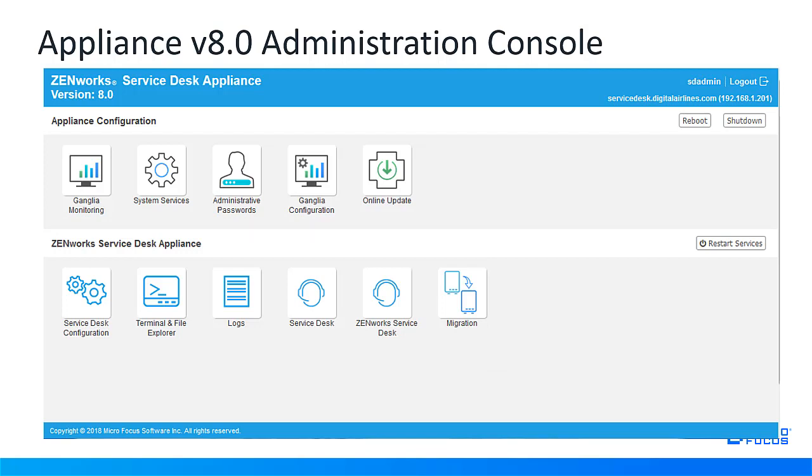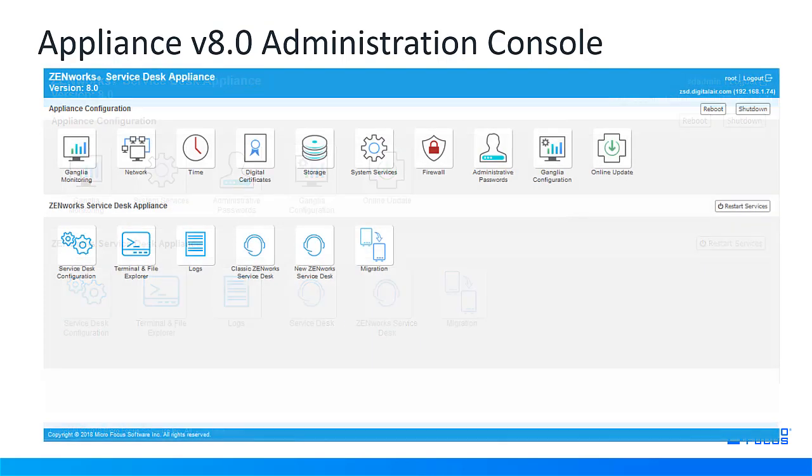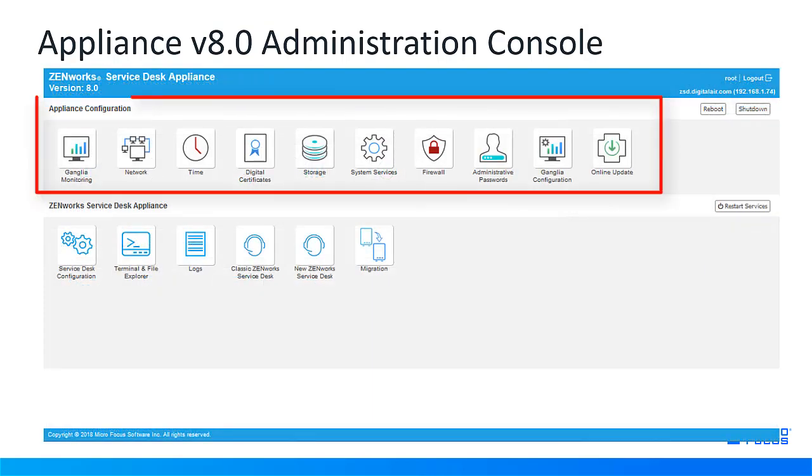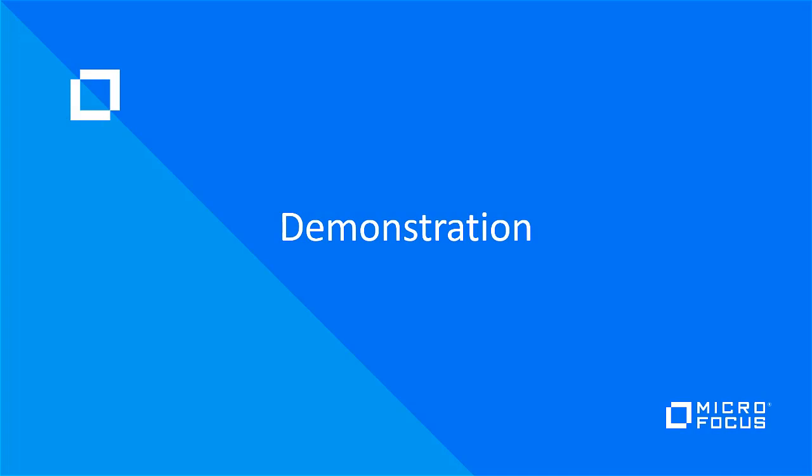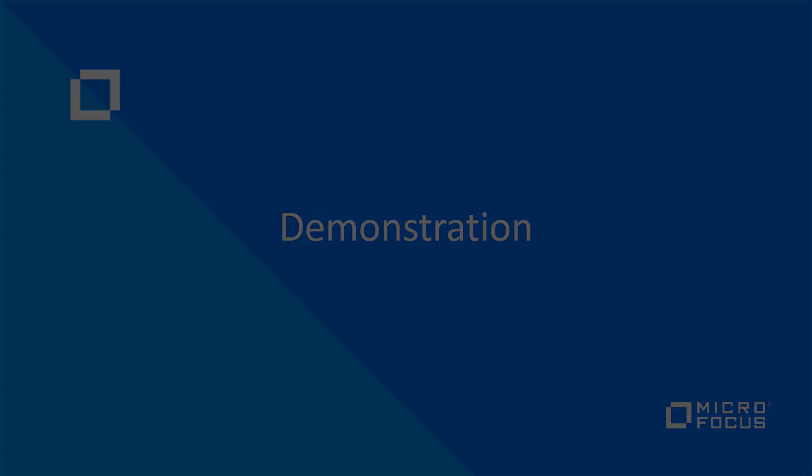So the top is for the OS and the bottom is for ZENworks Service Desk. If you log in as root, you have some additional items you can work with, which are network, time, storage, and firewall. Let's do our demonstration going from version 7.4 appliance to 8.0 appliance.